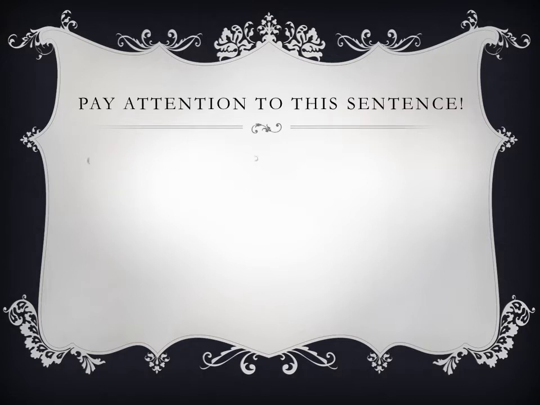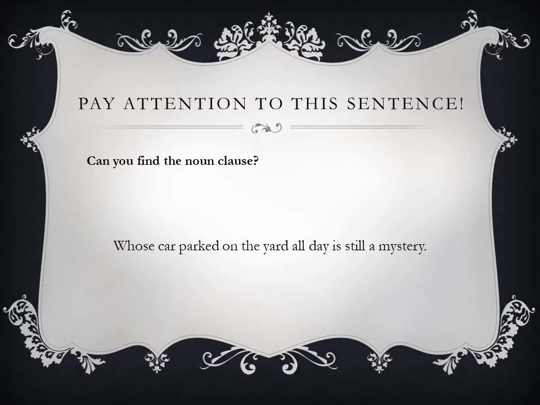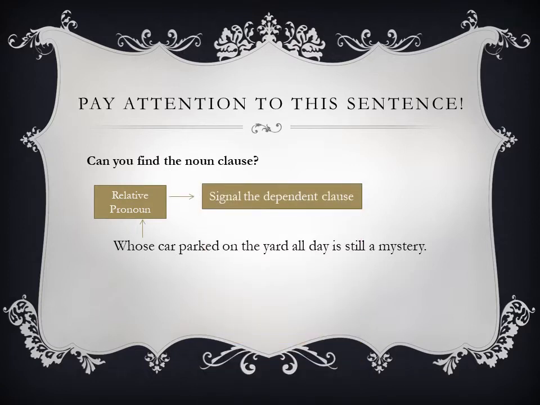Let's see, pay attention to the sentence. Can you find the noun clause in this sentence? Good. Whose car parked on the yard all day is the noun clause. We know from the relative pronoun whose that it functions to signal the dependent clause.